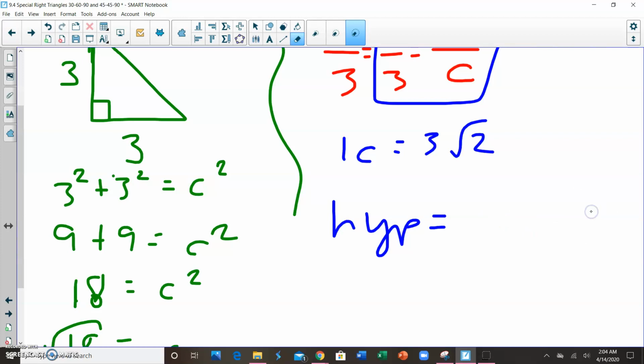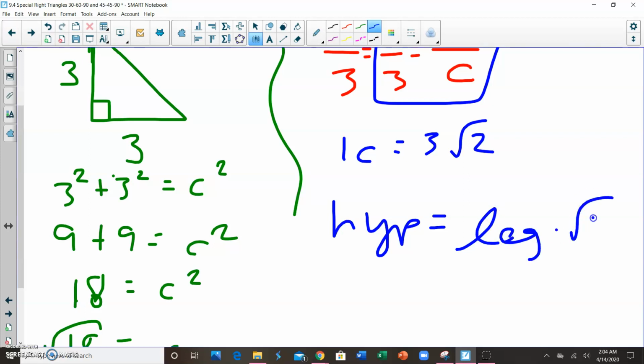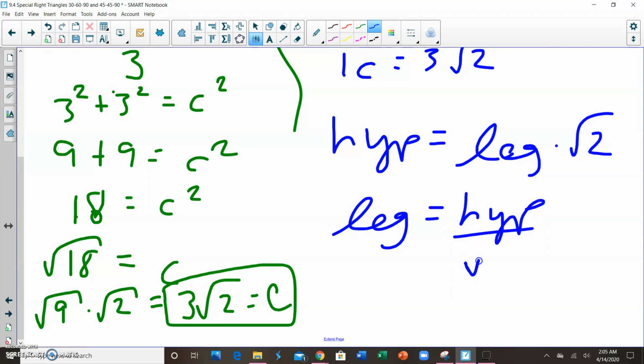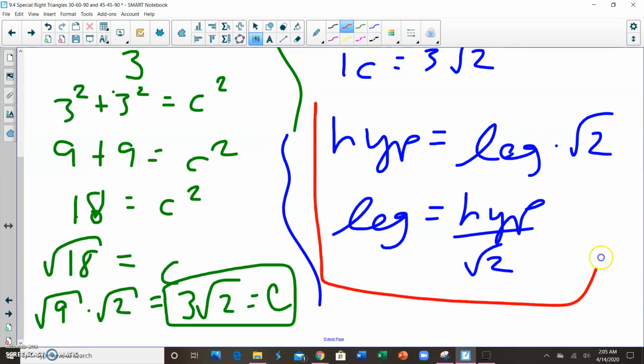So the hypotenuse is the leg times the square root of 2, for 45, 45, 90. How about the leg? The leg is the hypotenuse divided by the square root of 2, and then you need to get that square root of 2 out of the bottom. So if you want to memorize these two, you certainly can.